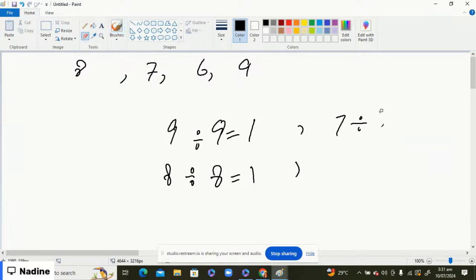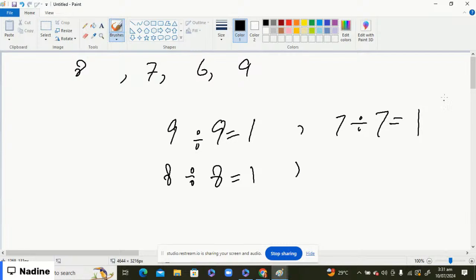That is the answer of 1. Okay. When the number is divided by itself, then you write your answer as 1. Any number which is divided by itself gives the answer 1. For example, here I'm going to use different examples. Now let me remind you of some other examples which are also very important.